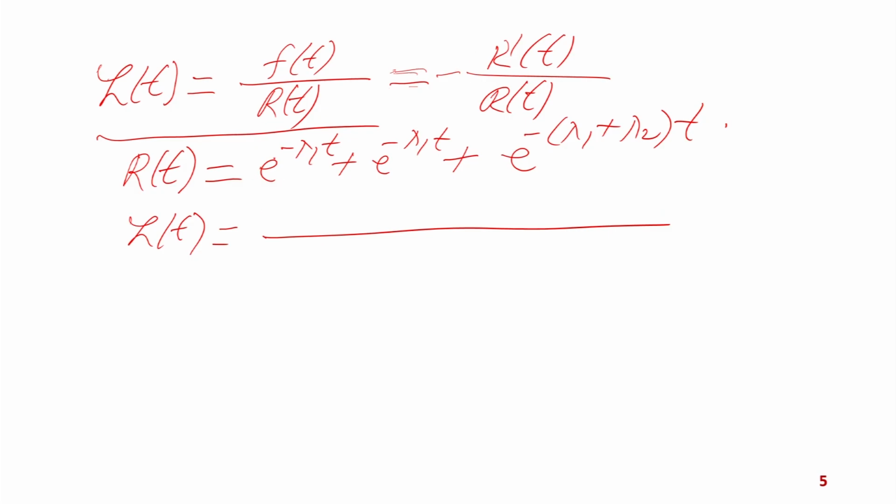So, I have to differentiate each term here. If I differentiate, I get the first term as minus lambda 1 into e to the power minus lambda 1 t, then lambda 2 t, then lambda 1 plus lambda 2.